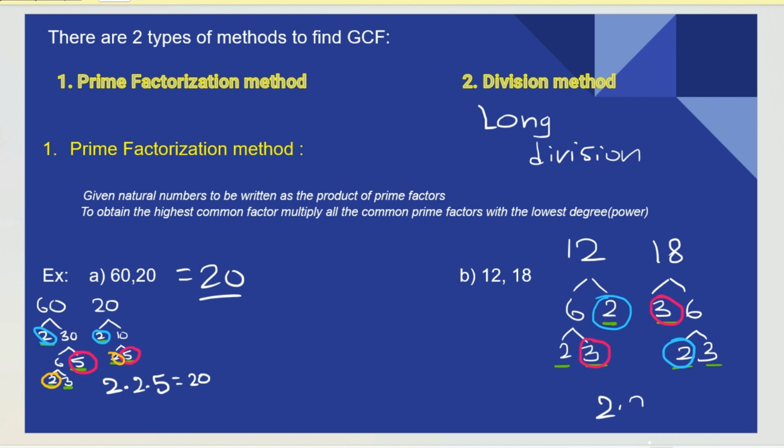The pink pair of 3 results in 1, 3. Multiply and we get 6. If we were finding the LCM of 12 and 18, we would include the leftover 3 and 2. But right now we're doing the GCF, so we would not. We would only include the common numbers. And so 6 is the GCF of 12 and 18.